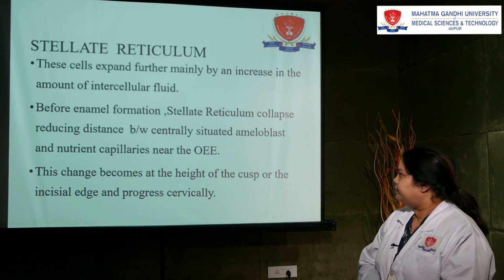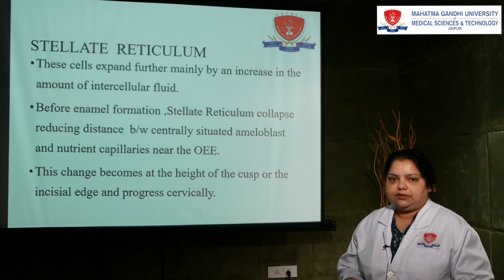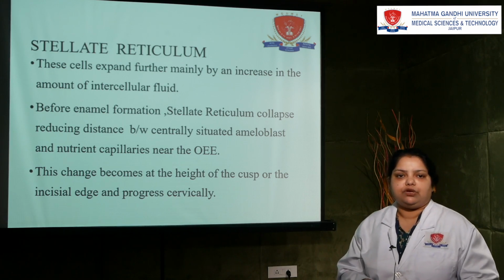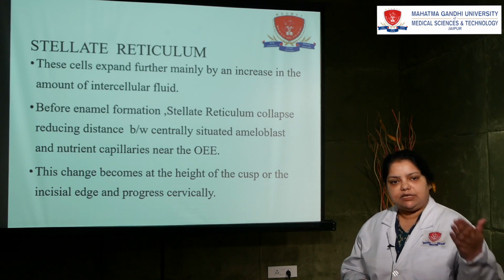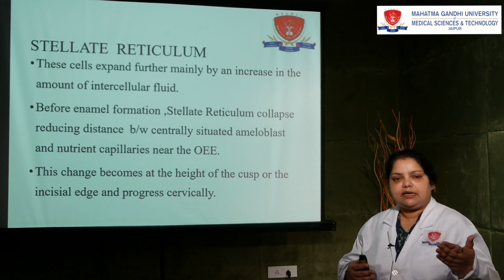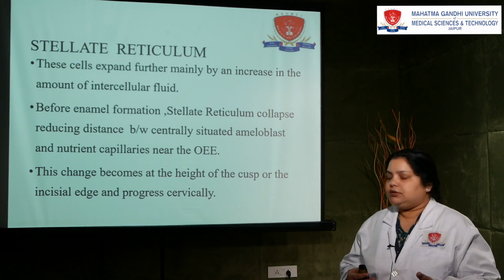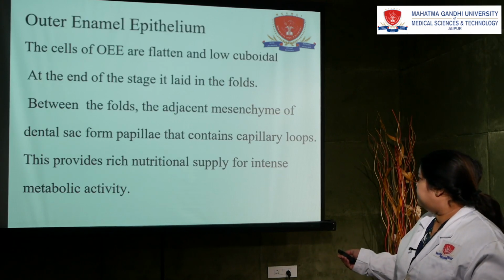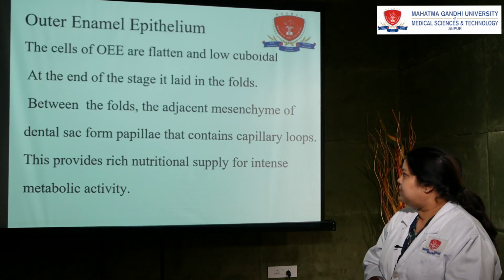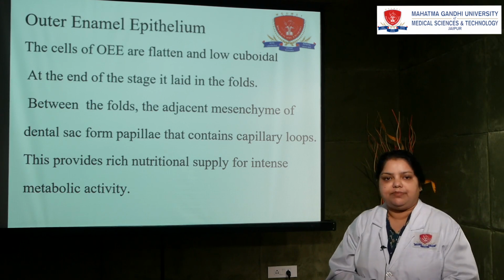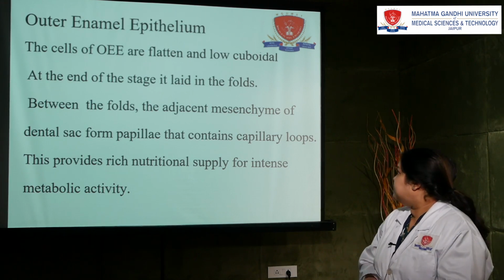Stellate reticulum. This cell expands further, but just before the formation of the enamel, this collapses. So, the distance between the outer enamel epithelium and the ameloblast is reduced. The cells of the outer enamel epithelium are flattened and low cuboidal.